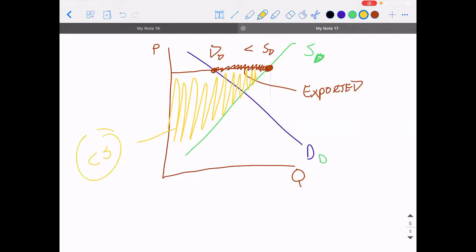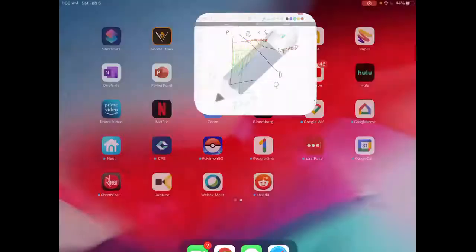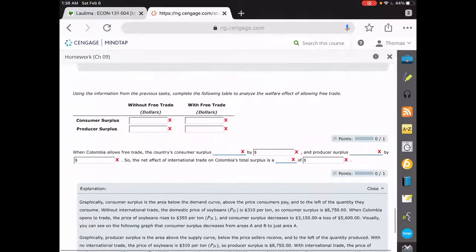And then you would calculate that consumer surplus and compare it to the other consumer surplus. You can call that consumer surplus no trade, consumer surplus trade. So you would compare those two areas to one another. And that's how you can start to calculate these differences.